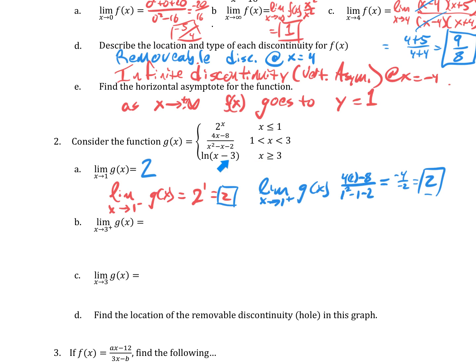Well, this one is from the right side. Okay, so from the right side, we got natural log of 3 minus 3. Well, that's a problem. So natural log of 3 minus 3 is the natural log of 0, which is undefined.